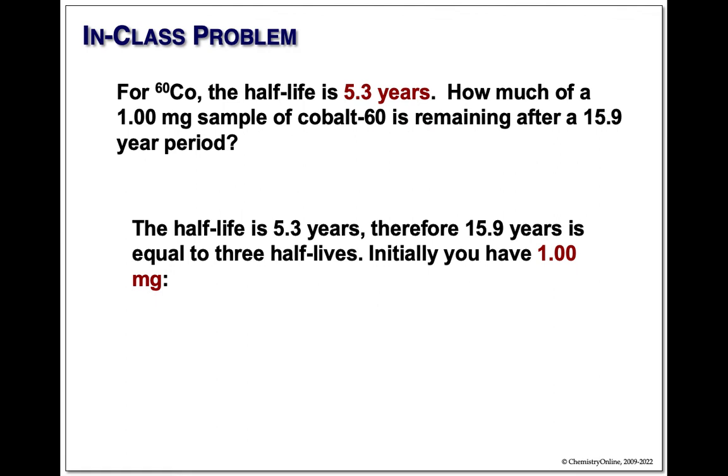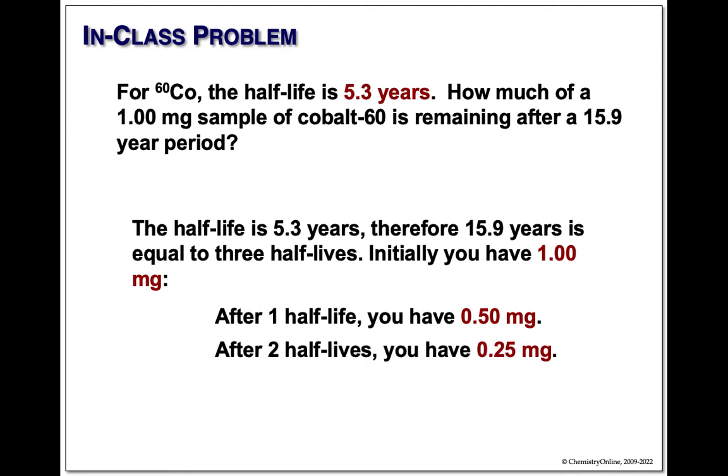We're at 15.9. That's 3 half-lives. So we start with a milligram. After 1 half-life, we have half a milligram. After 2 half-lives, we have 0.25. After 3 half-lives, we have 0.13.